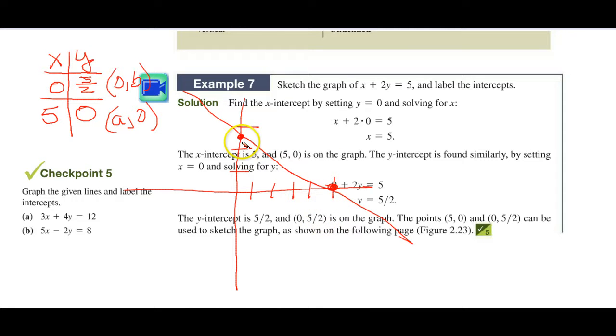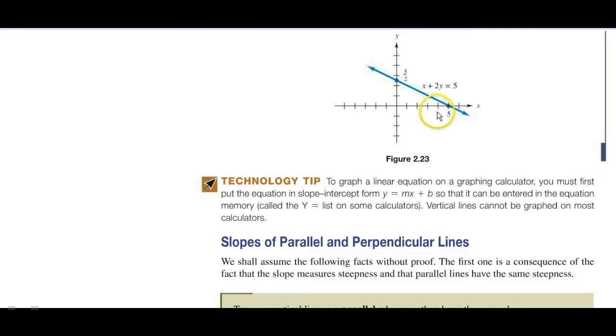Okay? So, again, this is your y-intercept, this is your x-intercept. MATLAB wants you to graph it this way. So you click on the y-intercept, move your line down there, click again there. You have plotted the intercepts. And there is your graph.